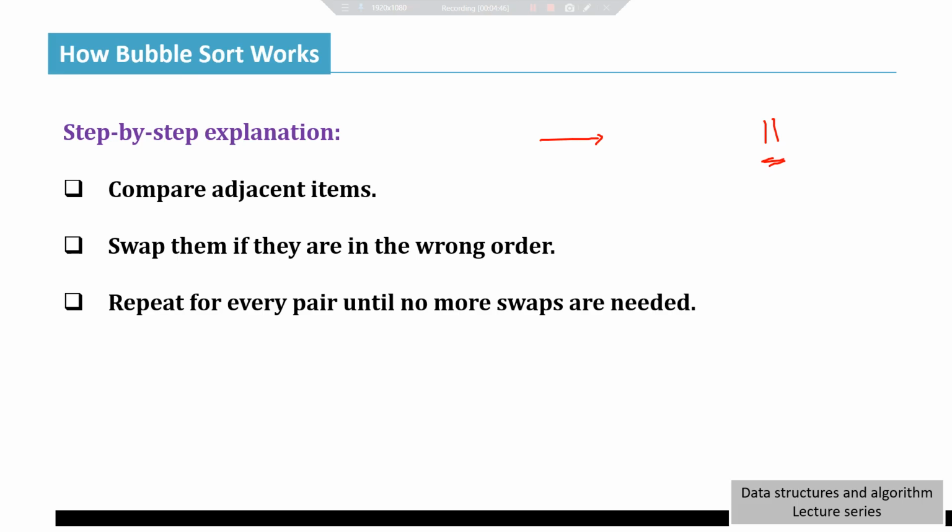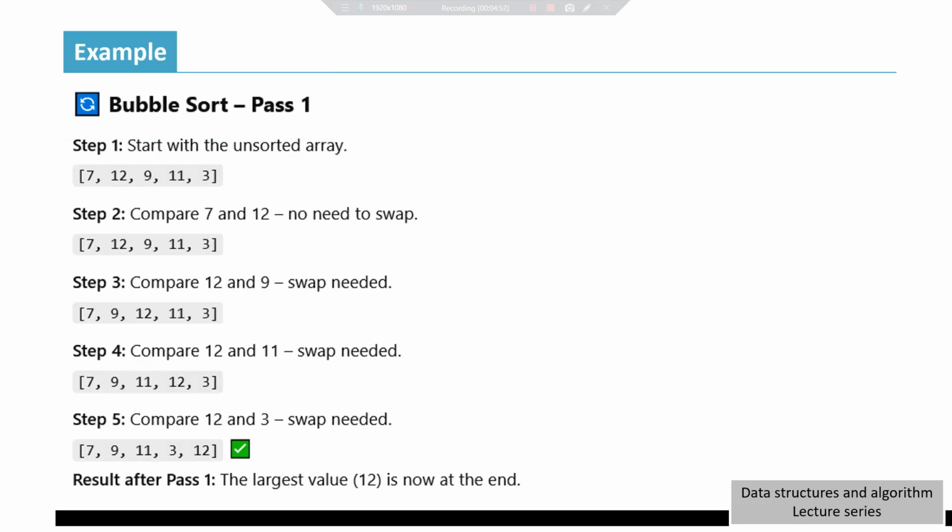This is explained with the help of an example. Pass 1 is shown. Suppose this is the unsorted array: 7, 12, 9, 11 and 3. Step 2, compare the first two elements, 7 and 12.